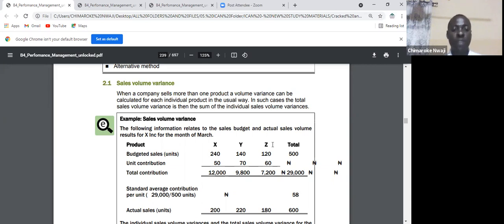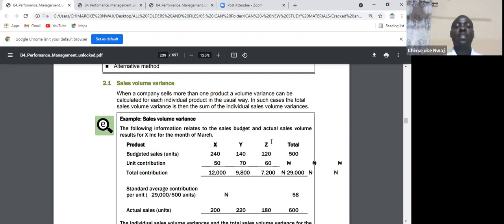So let's look at one example here. The following information relates to the sales budget and actual sales volume result for X Incorporated for the month of March. Now, this is product X, product Y, product Z. This is different from material X, Y, Z in cost variance.